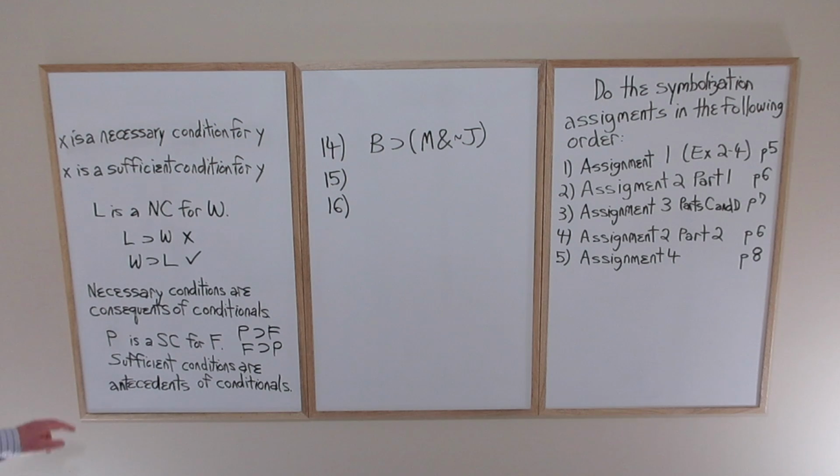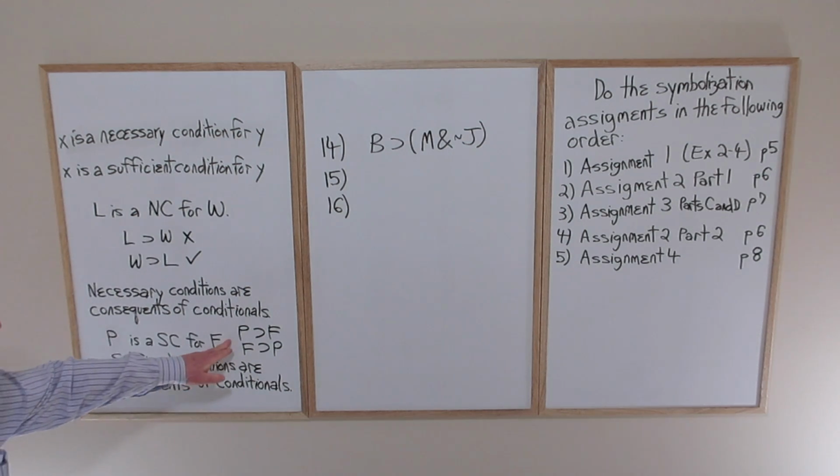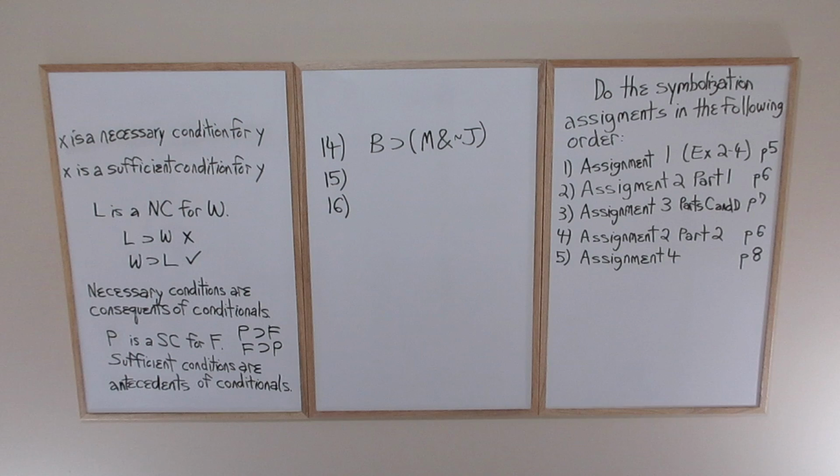Geographical examples are good for illustrating sufficient conditions. Capital P stands for the simple sentence, you are in Paris, the Paris where the Eiffel Tower is. Capital F stands for the simple sentence, you are in France. It's true that being in Paris is a sufficient condition for being in France.